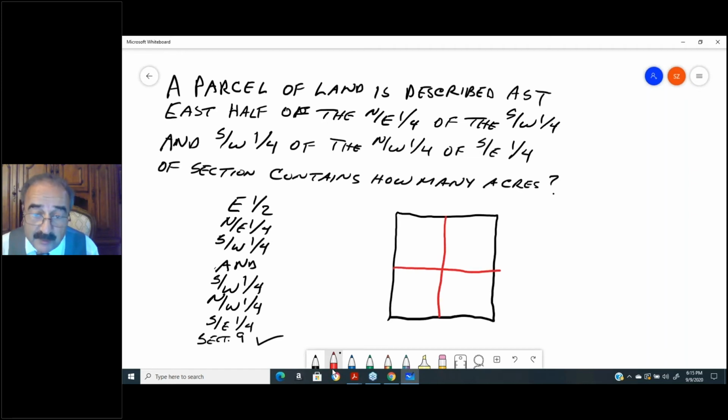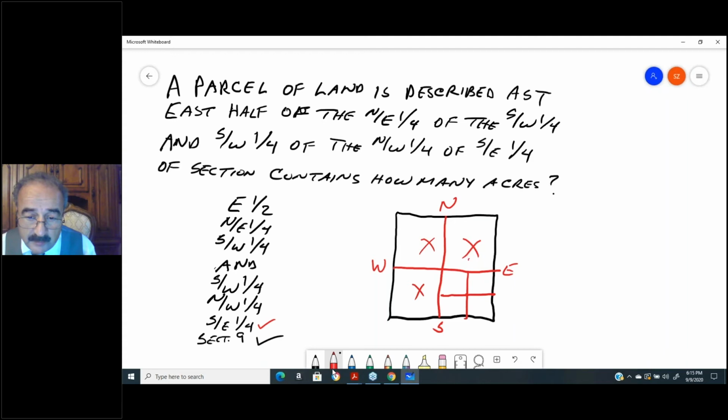I always draw my directions so I know exactly where I'm at, but I did not read them correctly. So I want the southeast quarter, which is this one right here, which I don't want these 3 here. So that part's done. So I'm only left with this one southeast 1/4. My next step, what's left over, is I want the northwest quarter of this. So I'm going to quarter this.